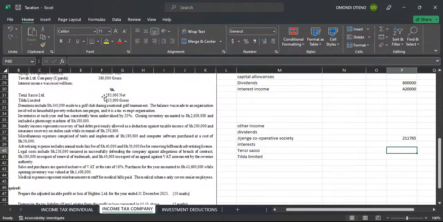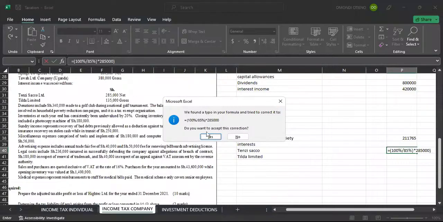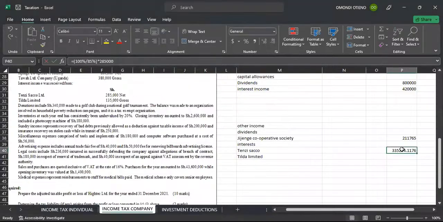The real value tutaweka if 85% is equal to this. 85% is equal to this, 100% itakuwa ngapi? 335,294 is equal to 100% divided by 85%, then we multiply by 285,000. If you multiply, that's what we are getting.